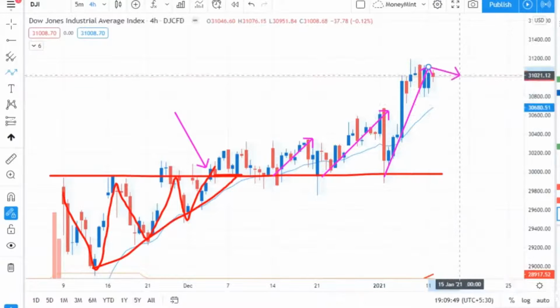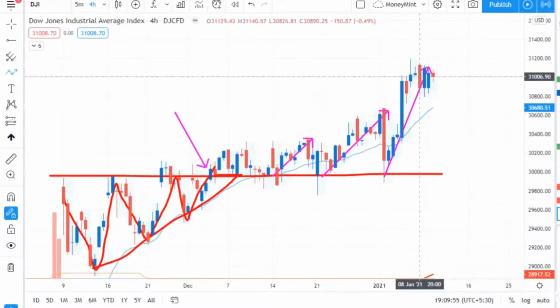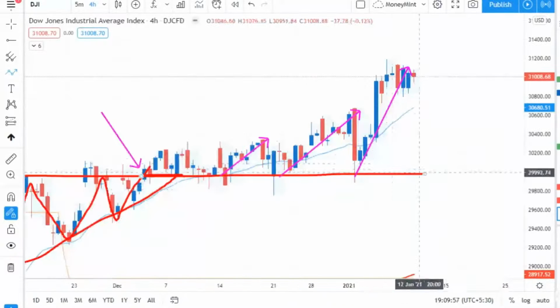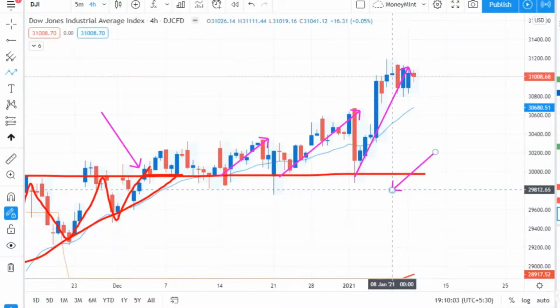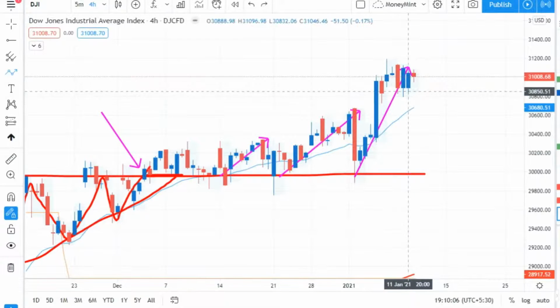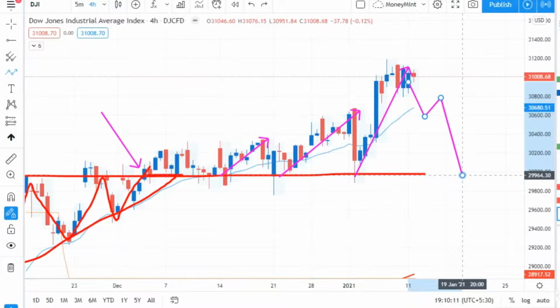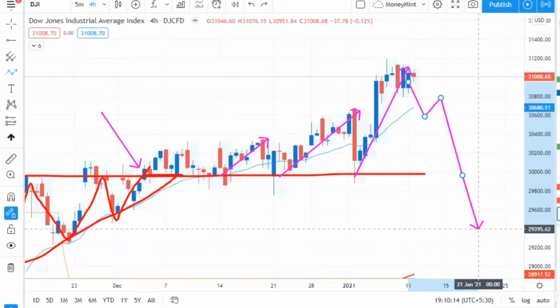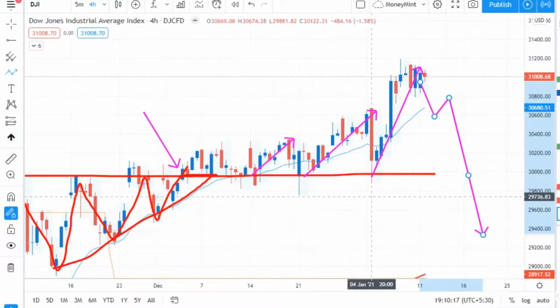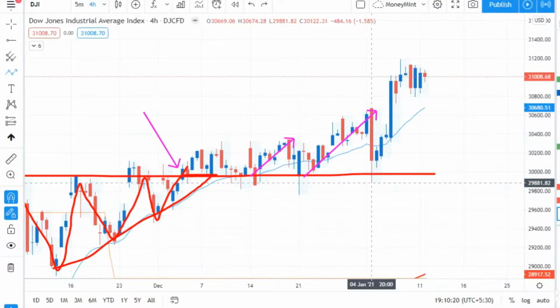So the momentum kept on increasing. But then this support becomes redundant and weaker. If the Dow Jones comes to test this level again, let's suppose like this, then we can expect it to break and go downward all the way to this side. So what I expect in Dow Jones is some kind of retracement marked by bearishness in the market in the coming days. Move to the 45 minute candle.